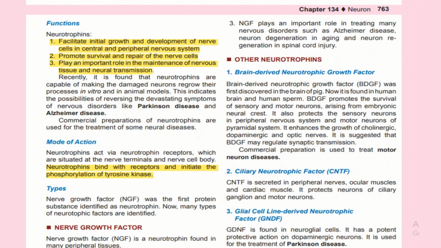NGF also plays an important role in treating many nervous disorders such as Alzheimer's disease, neuron degeneration in aging, and neuron regeneration in spinal cord injury. So they play an important role in nervous disorders.